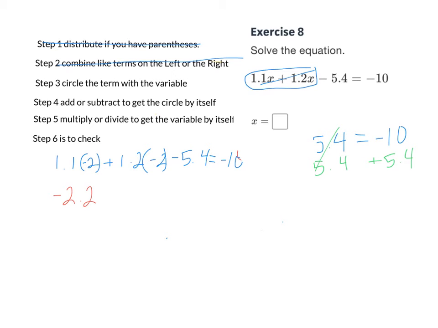And then we have 1.2 times negative 2, that's going to be minus 2.4 minus 5.4 equals negative 10. Negative 2.2 minus 2.4 is going to be a negative 4.6 minus 5.4 equals negative 10. Negative 4.6 minus 5.4 more is negative 10. And there is our check.